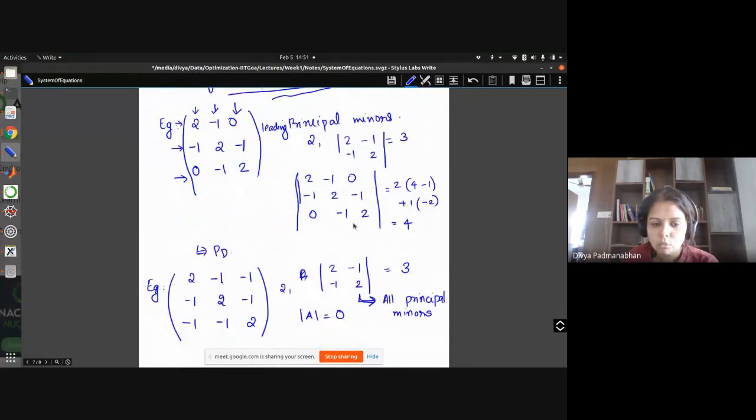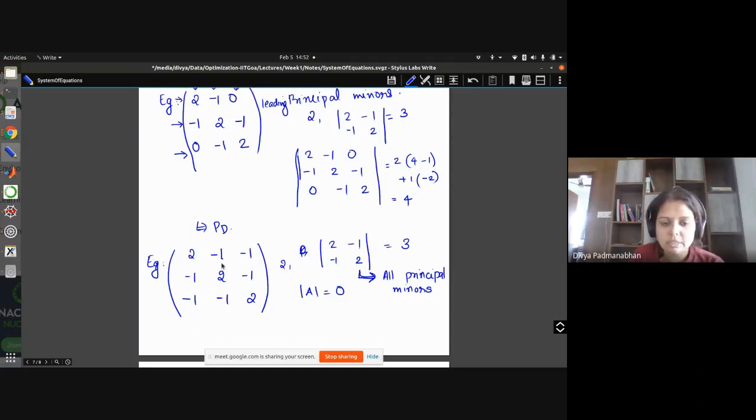So you take all these minors, these cases are there. But in addition, here you take the first and the third row, so you'll also take the first and the third column. Another thing you will do is take the second and third row and the second and third column.